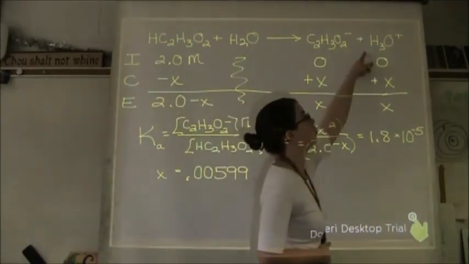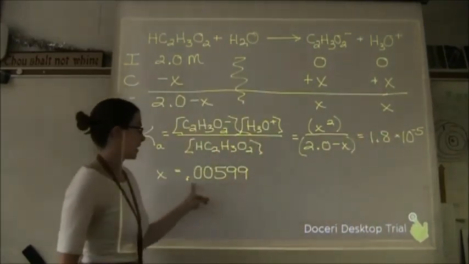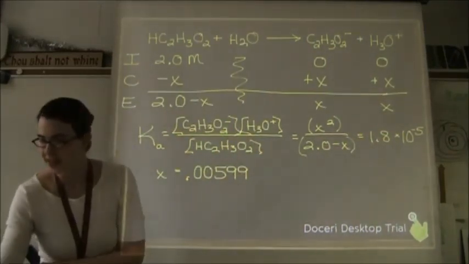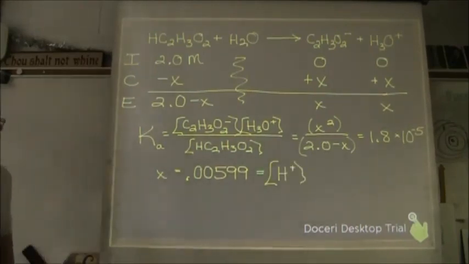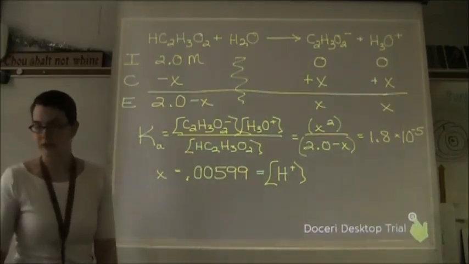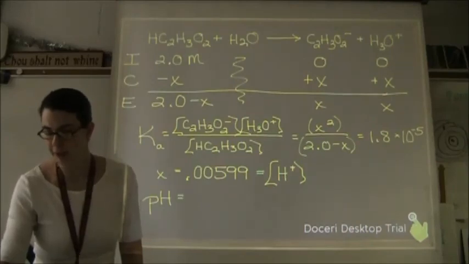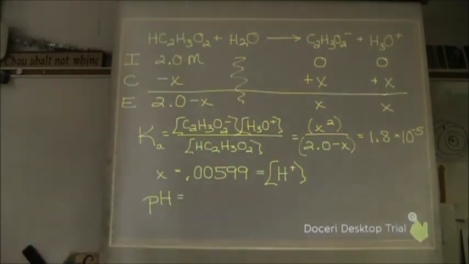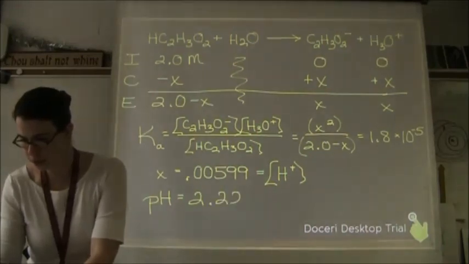And what is its molarity? X. This is the molarity of H plus. Let's find a pH. Take the negative log of that number. Tell me what you get. 2.22.